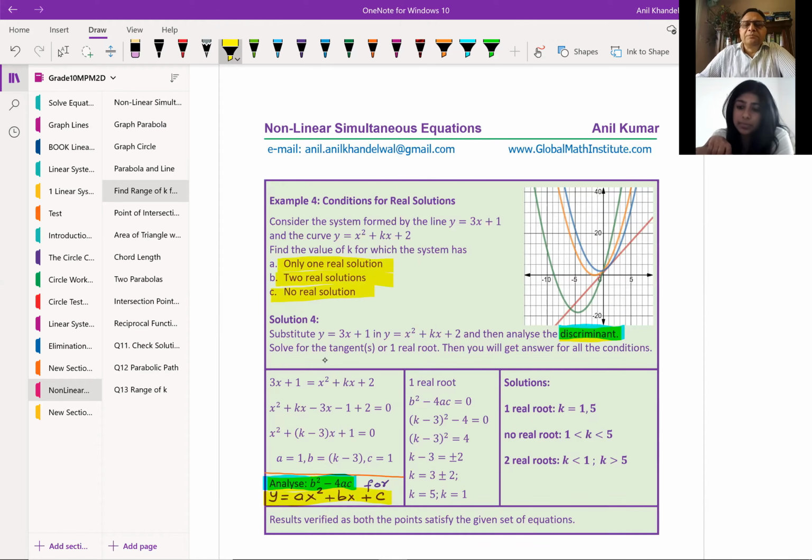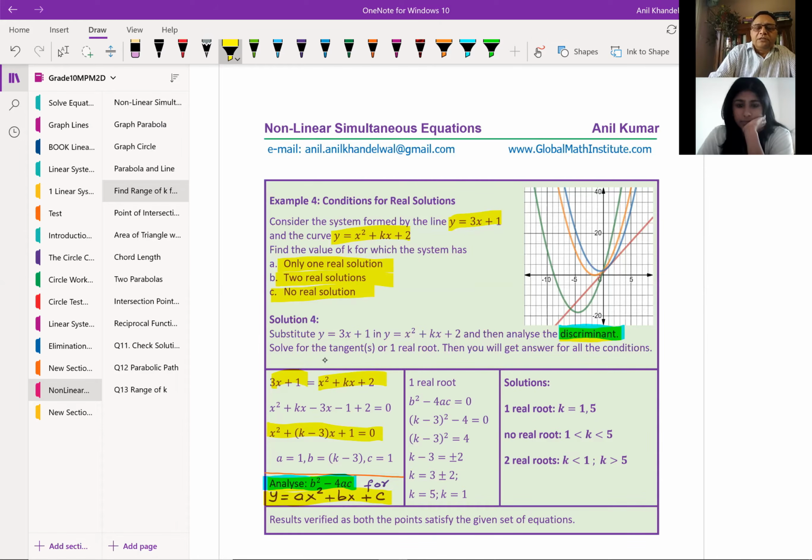Perfect. The simple thing here is you already know what y is, right? It has been isolated: y equals 3x plus 1. So simply equate both the y's, which is what we did. Then the only unknown is k, which you need to find. When you work on this, you end up with a quadratic equation, which in this case was x squared plus (k minus 3)x plus 1.